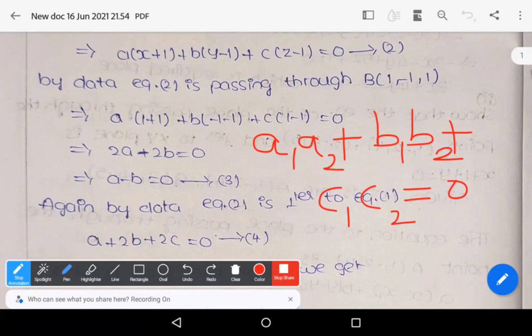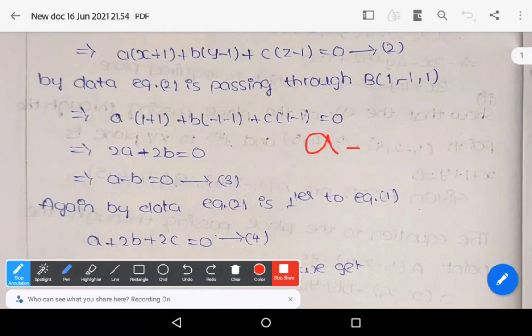From equation 2, we take a = a1, b = b1, c = c1, and from equation 1, we get a2 = 1, b2 = 2, c2 = 2. So you get this equation: a + 2b + 2c = 0.